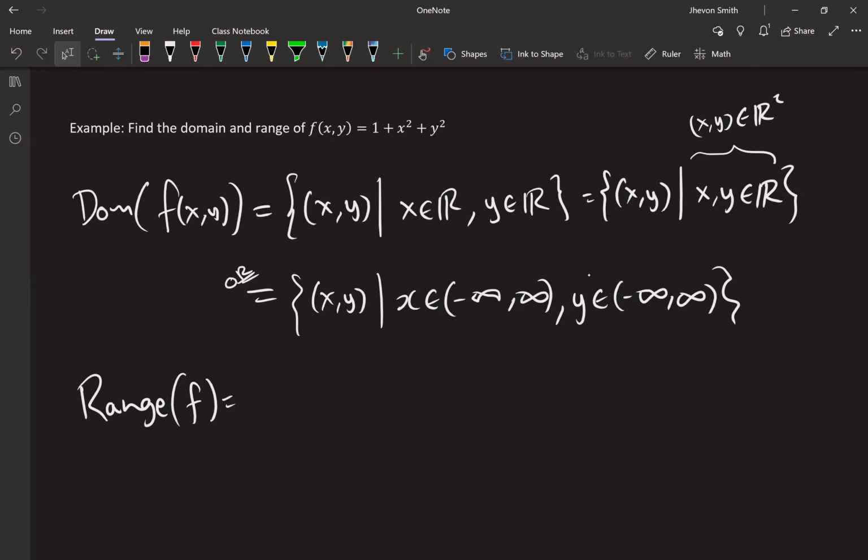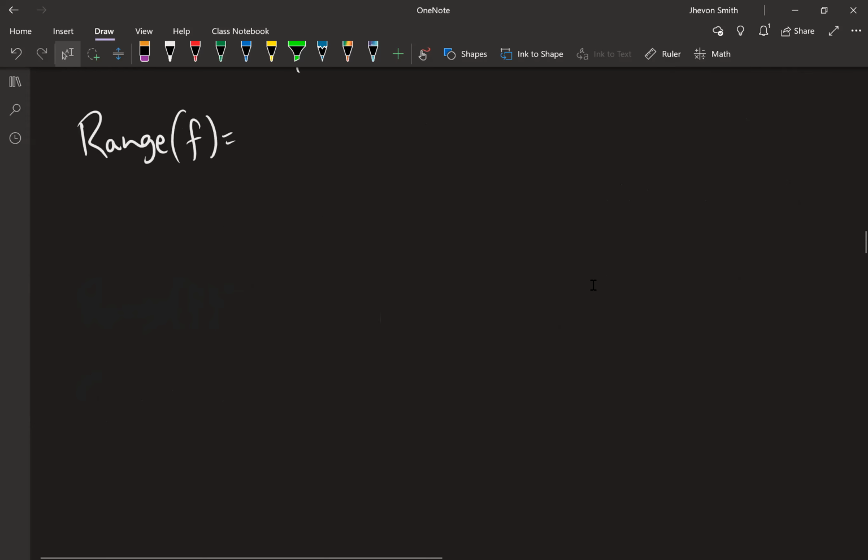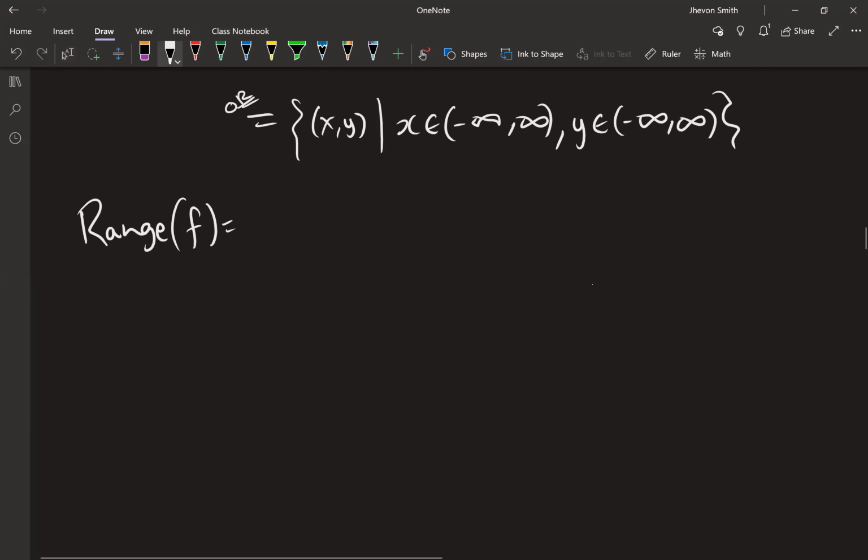It's 1 plus x squared plus y squared. Well, greater than or equal to 1. So here, of course, x squared plus y squared is greater than or equal to 0.